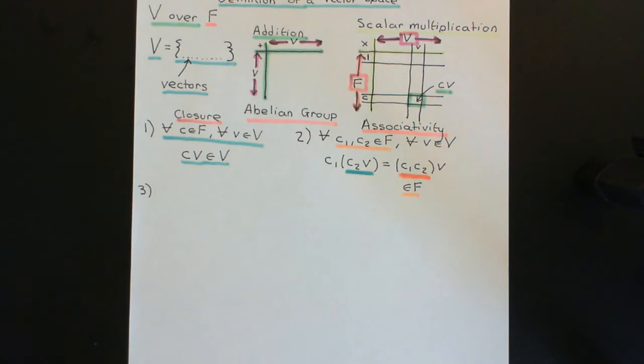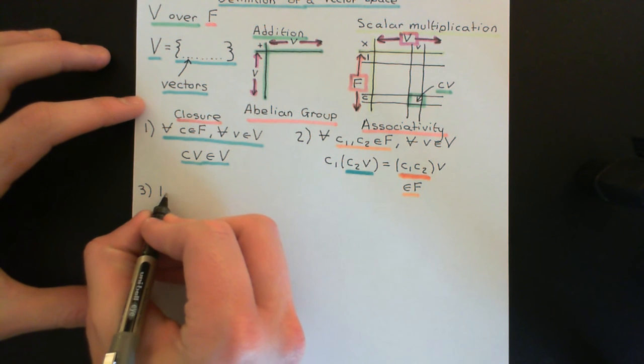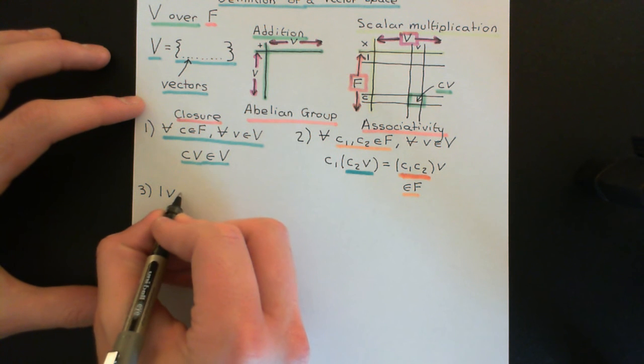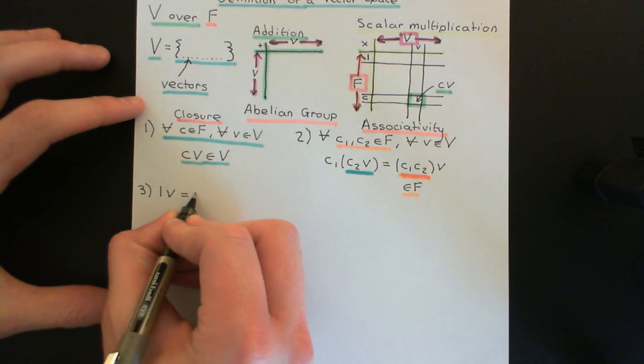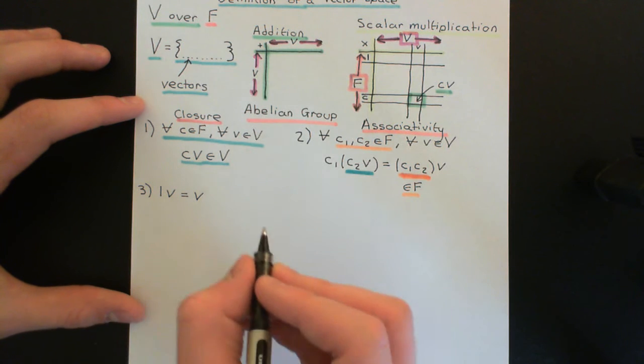We now want to consider what this multiplicative identity multiplied by any element of the vector space is actually going to be equal to. So we want to consider what is 1 times v, and basically axiom number 3 says that the multiplicative identity of the field must multiply by any vector to give that vector back again.